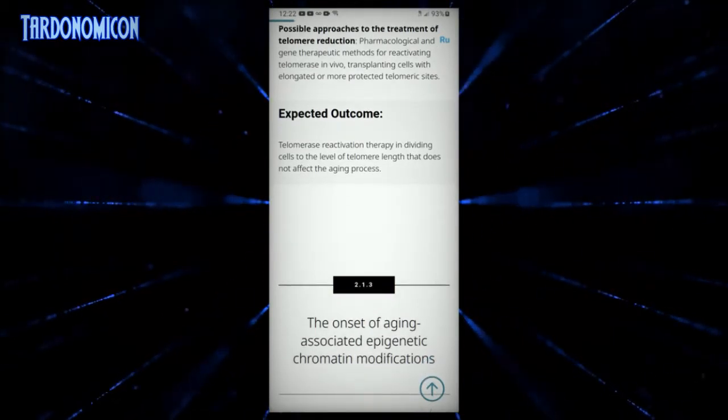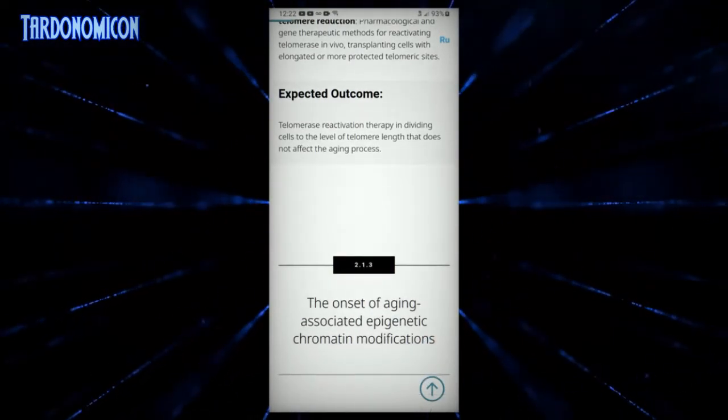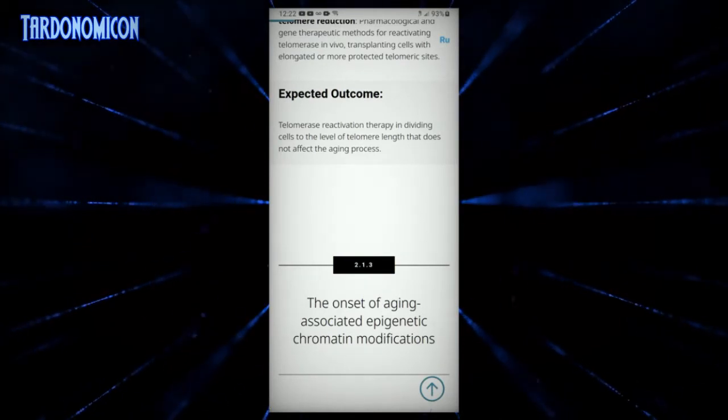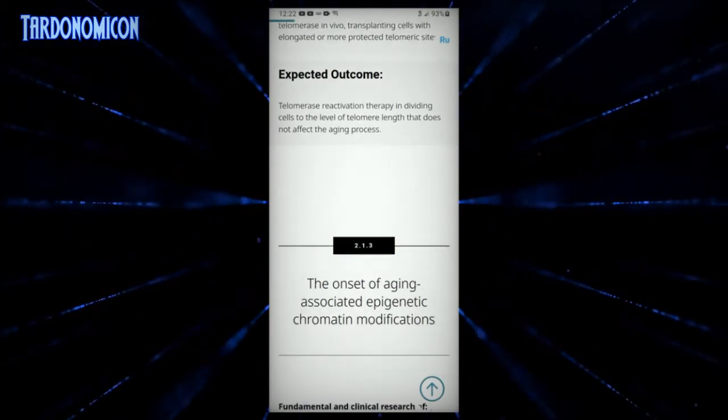Expected outcome: telomerase reactivation therapy in dividing cells to the level of telomere length that does not affect the aging process.